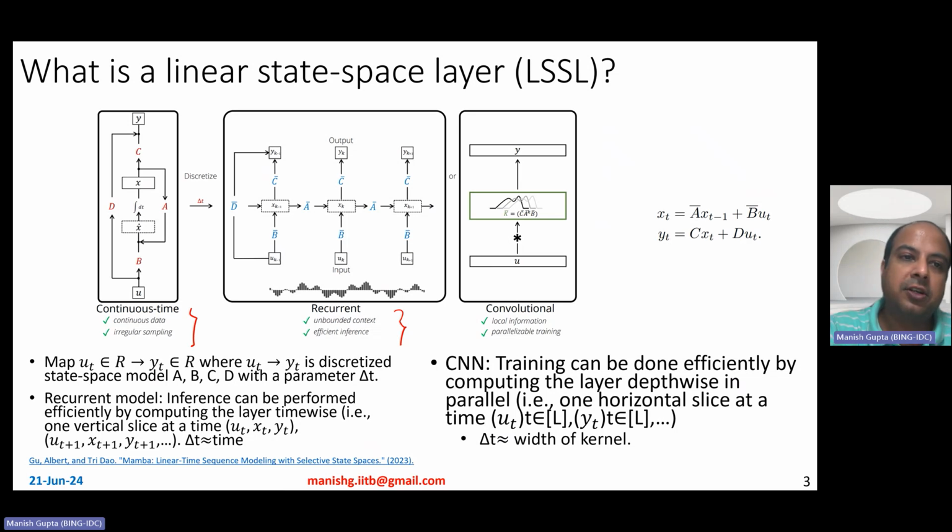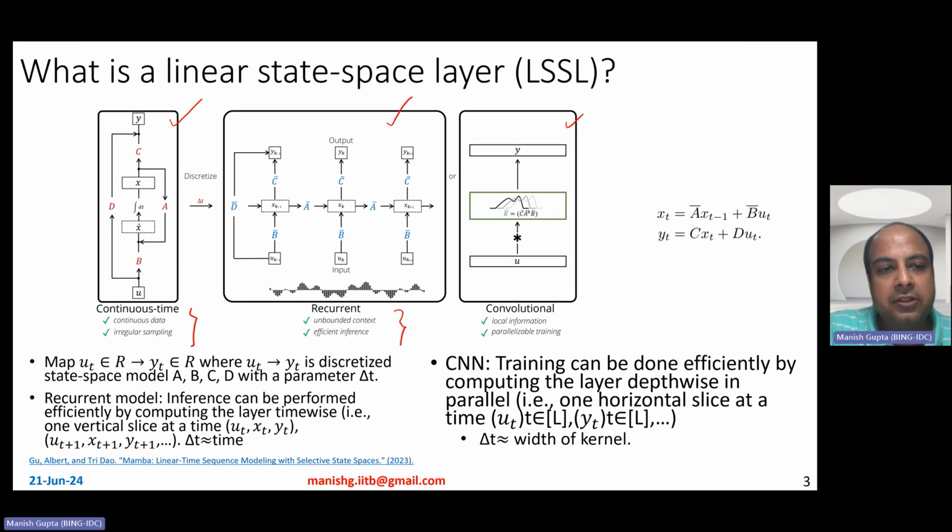What I want to first talk about is that if you take such a linear state space model, you can map it to an RNN, which can either be a fixed RNN where A, B, C, D are determined using some closed form, or a learnable one, and therefore a recurrent neural network. As I mentioned, you can also look at these state space models as CNNs, but I can talk about that later.